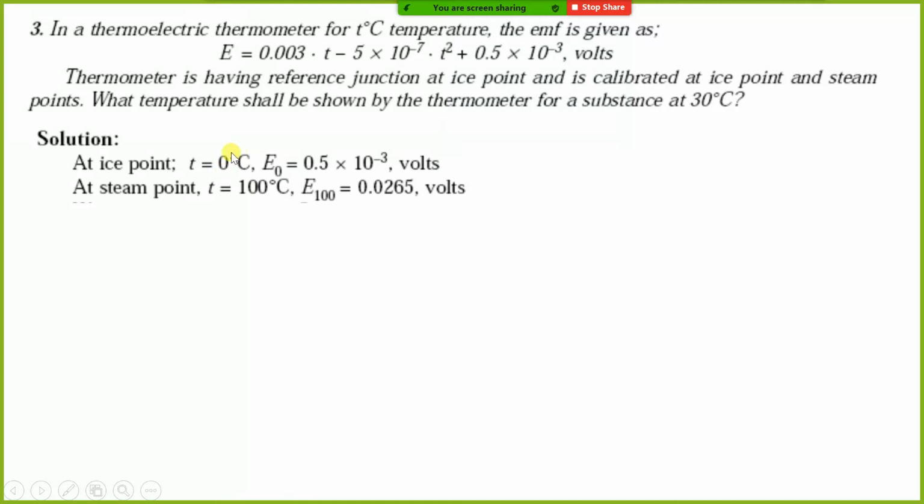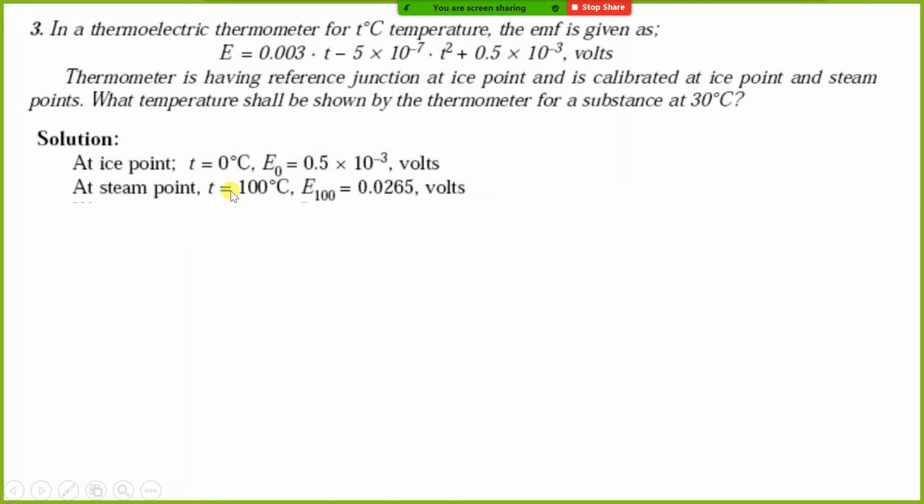If we put 0 in this equation, then E0 stands for 0 degrees. Therefore, the value of E will be 0.5 into 10 to the power minus 3 volts. If you put T is equal to 0, the other terms will be 0. Only 0.5 into 10 to the power minus 3 will be left.